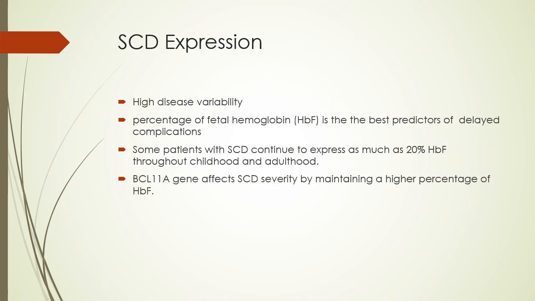Okay, so how is sickle cell disease expressed? Again, like I previously mentioned, there is high disease variability. It may be mild or severe, and the predictor of how the sickle cell disease will develop is the fetal hemoglobin, HbF.